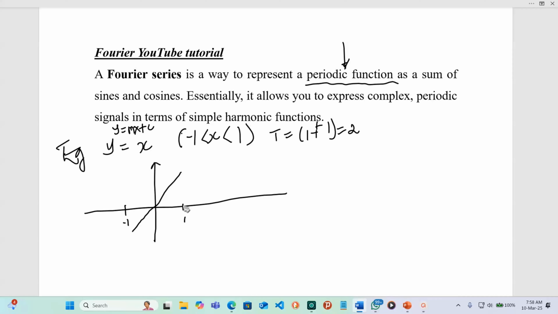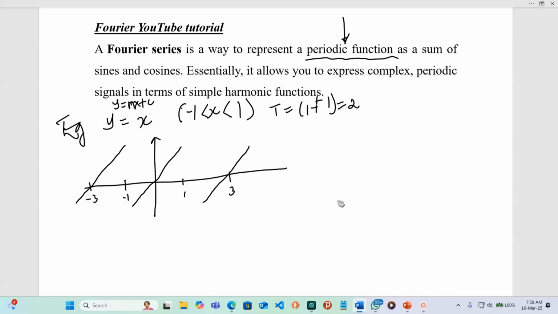So we shall jump 2 units, and this becomes 3. The line passing through here is going to be parallel to this. So this is how it's going to be looking like. Then again, if we do the same with the other side, 2 units here, we go to -3. So if we draw here also, this is going to be something like this.